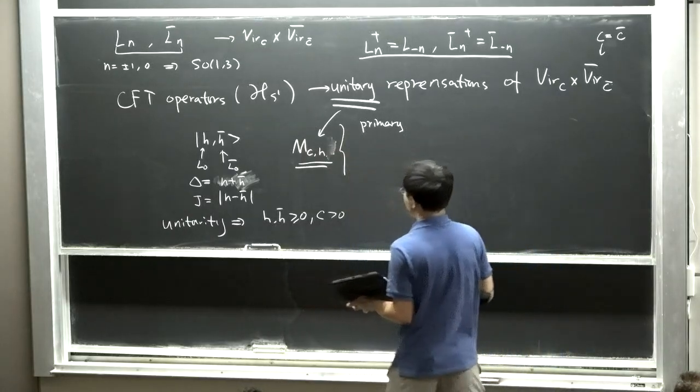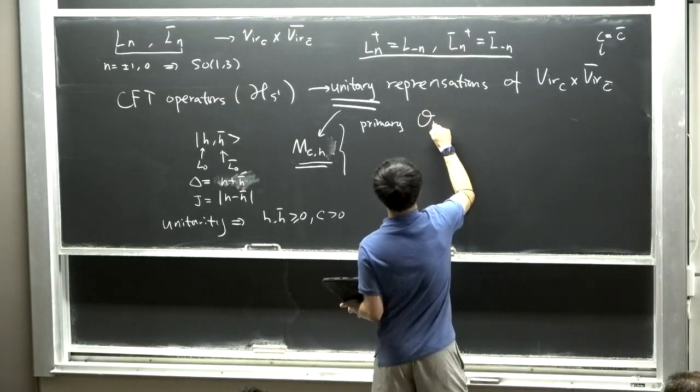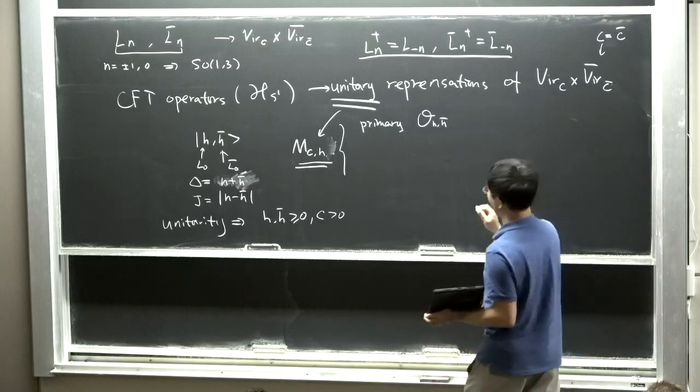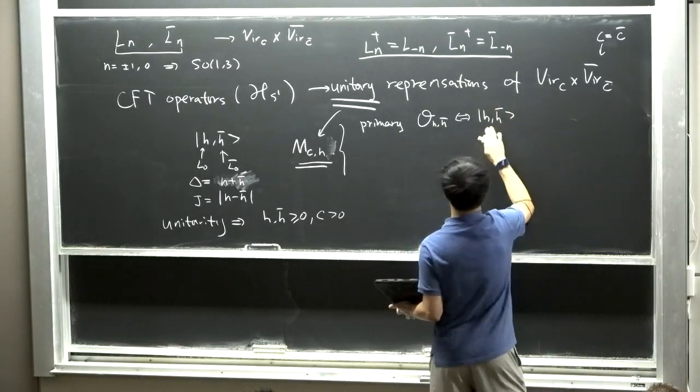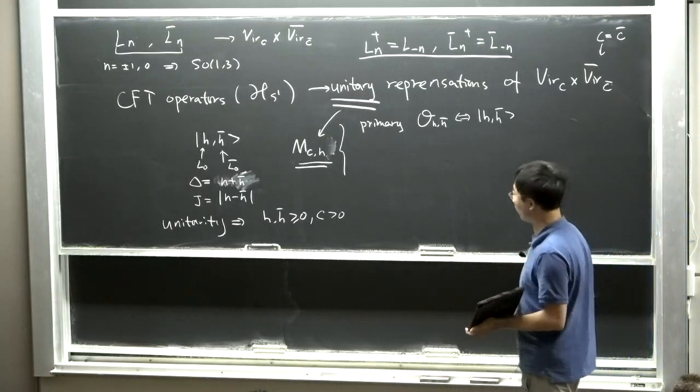In each such representation, there's a distinguished guy. That's the primary operator, and we label its conformal dimension as follows. This corresponds to some state in the Hilbert space, labeled by the corresponding quantum numbers with respect to L0 and L0 bar.